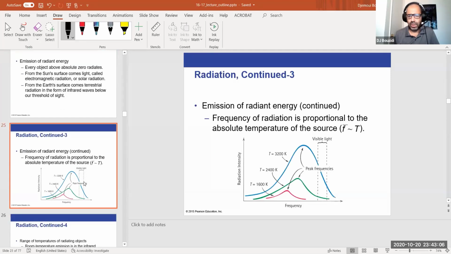Here is what I was talking about earlier, the fact that anything and everything emits radiation given a high enough temperature. This curve explains that. Okay. At T equal to 3200 Kelvin, remember I said earlier the sun is about 5500 Kelvin. And that's what makes it in the visible region.